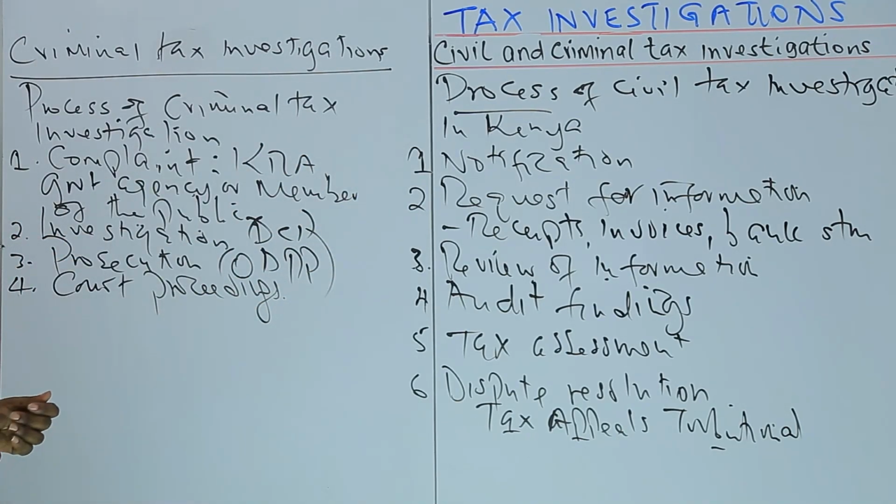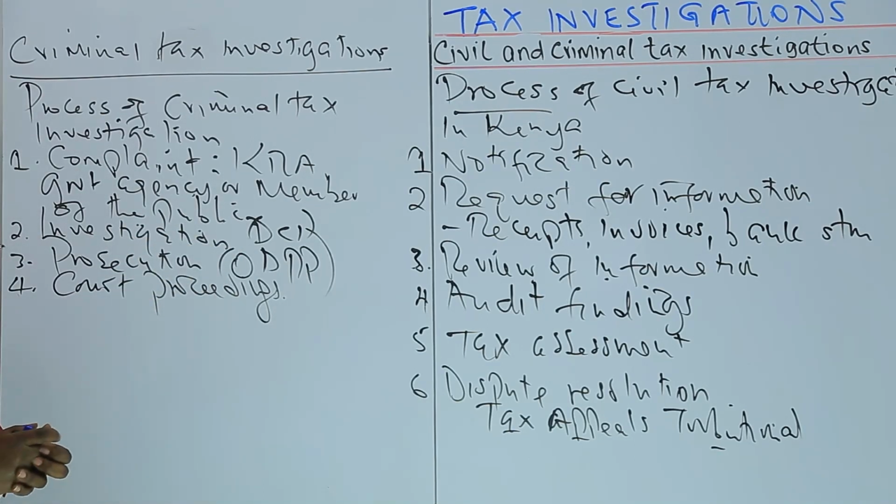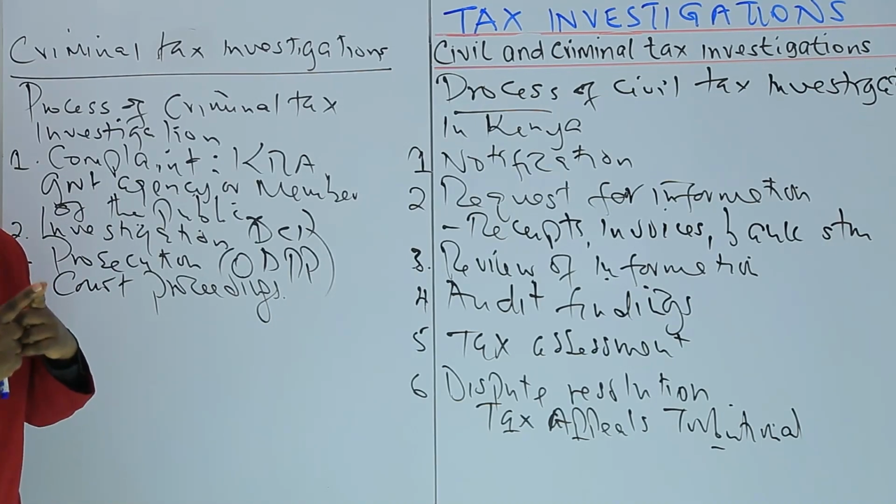Rather, it is the work of the DCI to conduct investigations, and if the DCI has sufficient evidence against the taxpayer, then the DCI submits the file to the prosecution. The office of the DPP will then prosecute the case in court, where the taxpayer will have an opportunity to defend himself or herself.